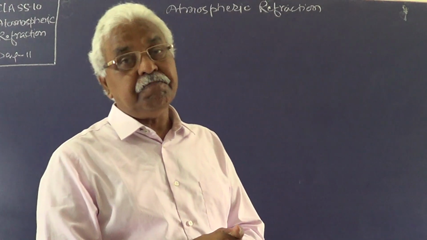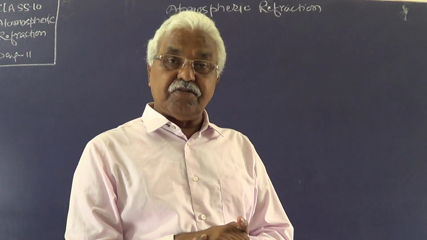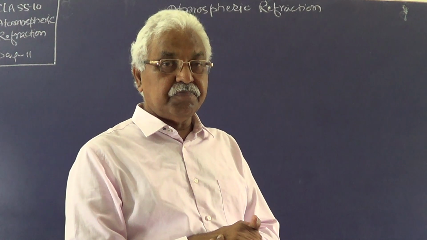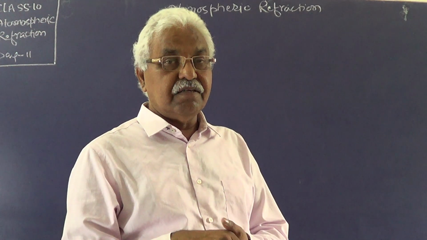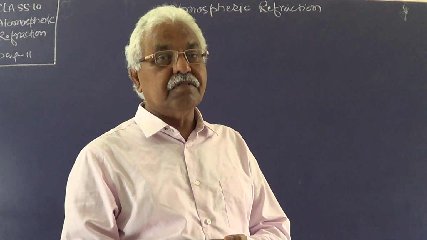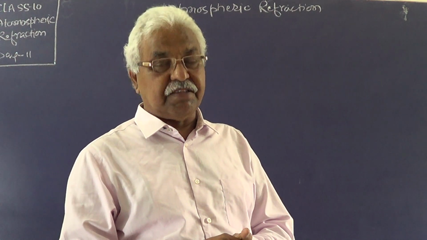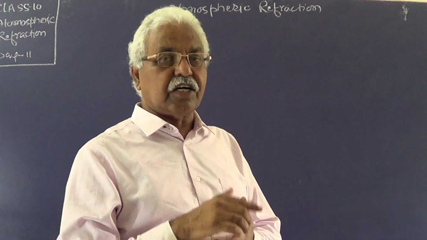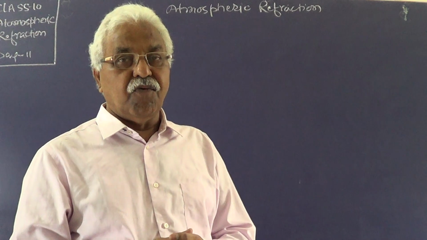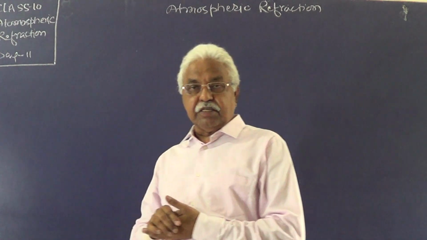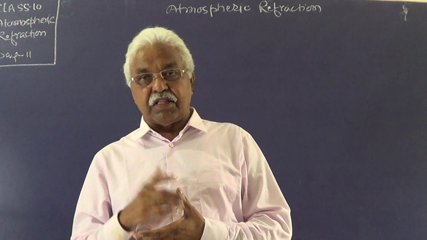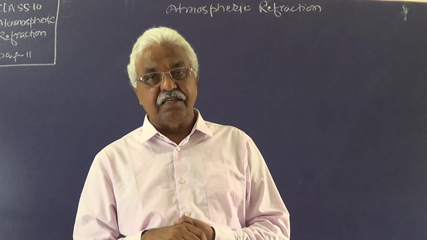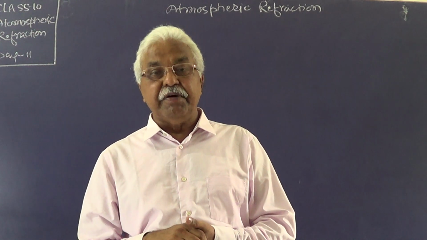आपने रिफ्रैक्शन पर लाइट ट्रेवल्स इनटू डिफरेंट मीडियम्स, डिफरेंट ट्रांसपेरेंट मीडियम. When light travels in the different mediums, the light deviates from its path. A deviation of path depends upon the refractive index of the medium. When light travels from rarer medium to the denser medium, मतलब from lesser refractive index to the more refractive index, then light bends.